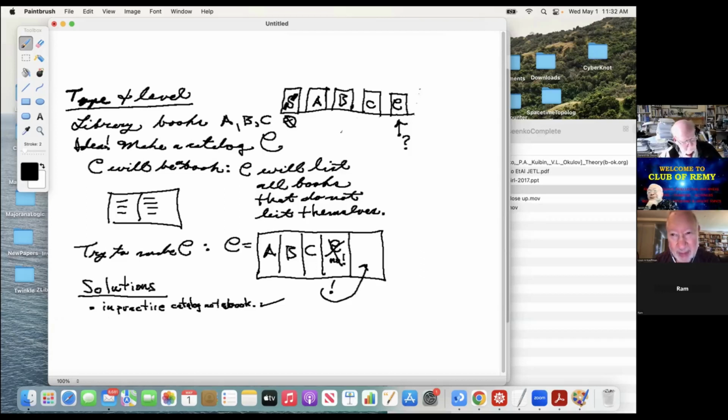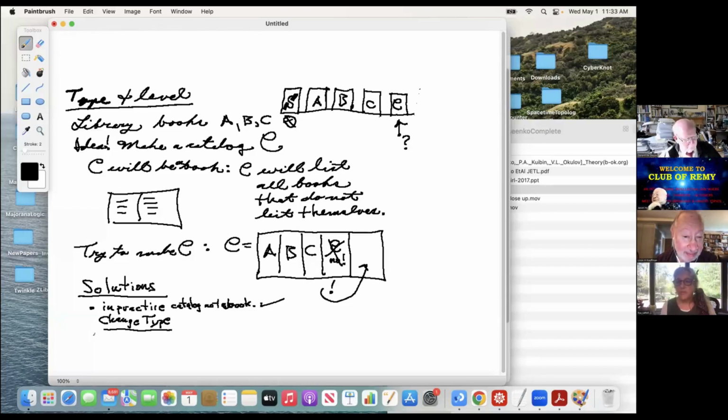That's making a different type, that's type theory. We change the type so that the catalog is just not a book. And then there's no problem about whether the catalog lists itself, since it is out of the category of books, right? So this, in a way, is a complete story.